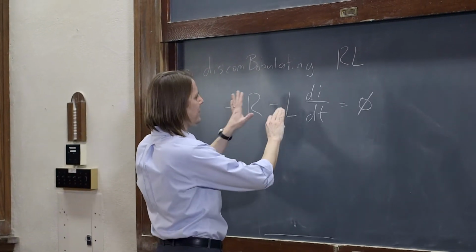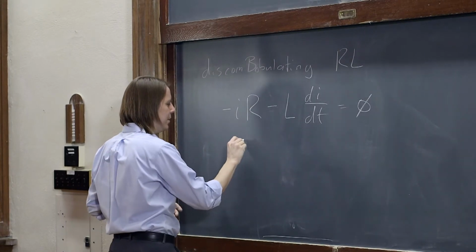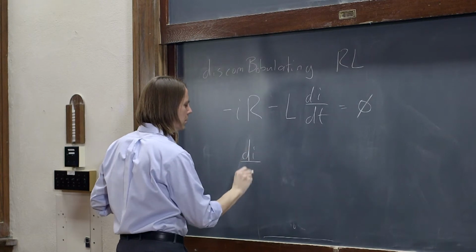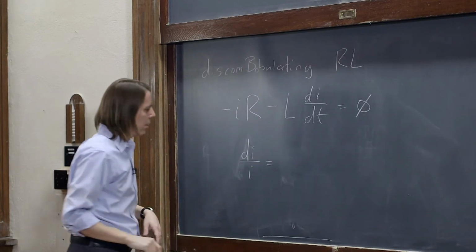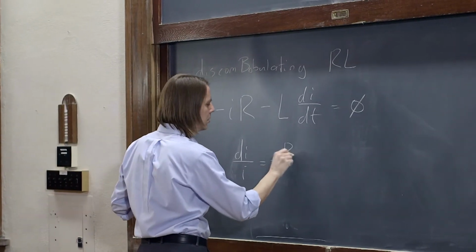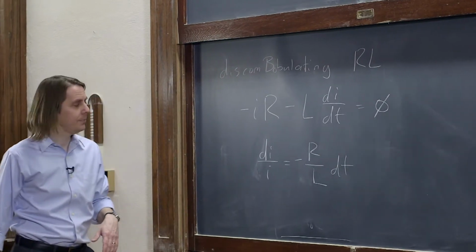Let's see, we're going to bring this over here, and we're going to get di over I on one side, and then we're going to end up with minus R over L dt on the other side.